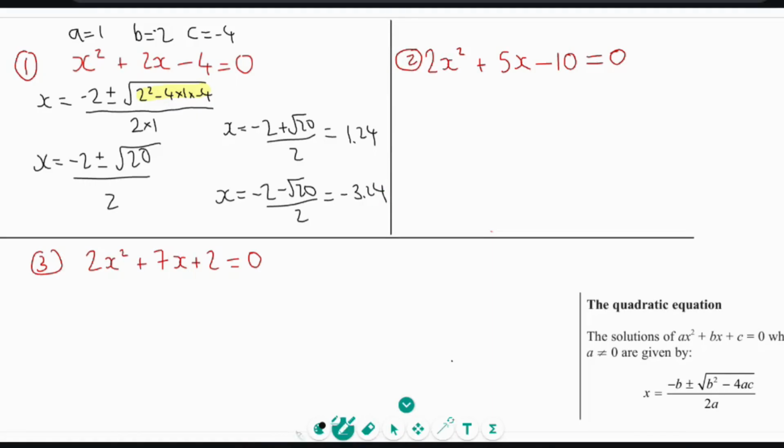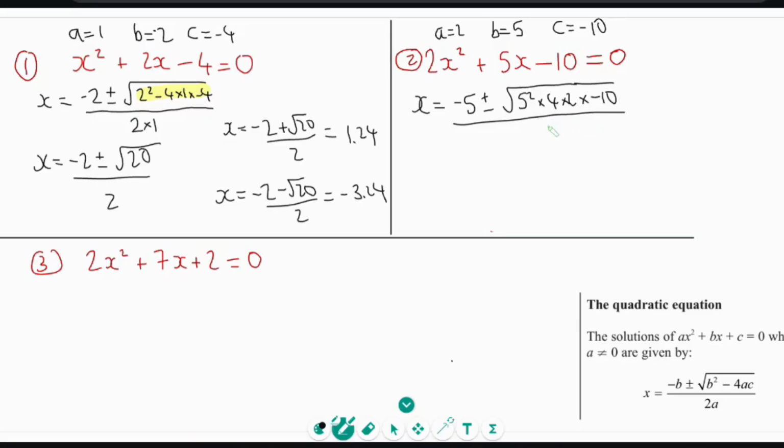Okay, I've just made some space, separating my board off. Here we have a is 2, b is 5, c is negative 10. Minus b, sorry, minus 5 plus or minus the square root of b squared minus 4 times 2 times negative 10, all over 2a.